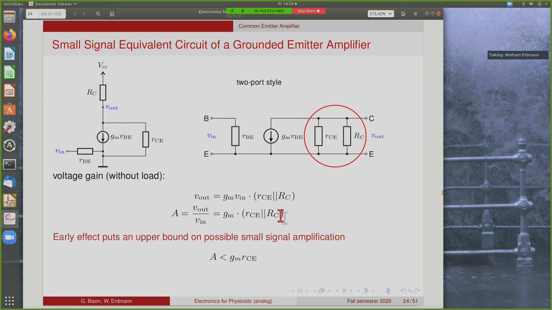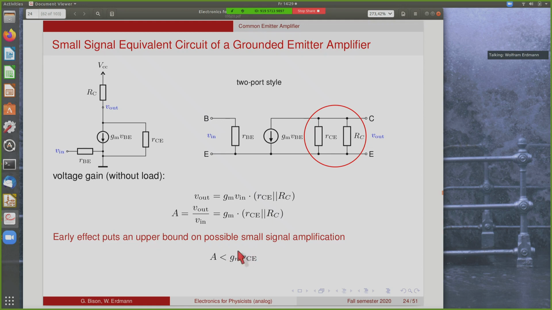So this means that the largest possible gain that we can get may well be determined by RCE. We cannot make our gain arbitrarily large by increasing RC, because at some point we'll reach a value where RC becomes larger than RCE, and then it'll be limited by RCE.